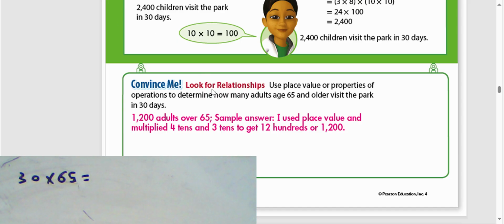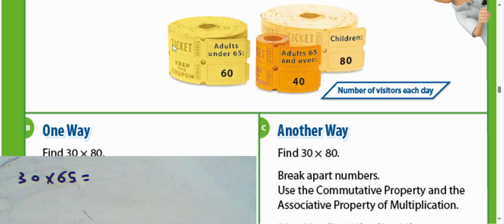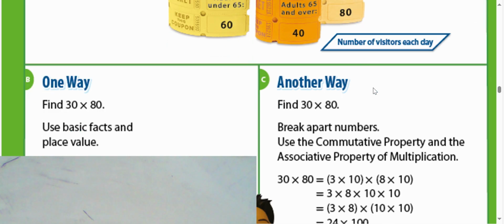We know 30 days is about 1 month. How many adults 65 and older visit the park in 30 days? Look up here, we have 60 and 40 and 80. Count with me. He wants adults under 65 and children: 60 plus 80.